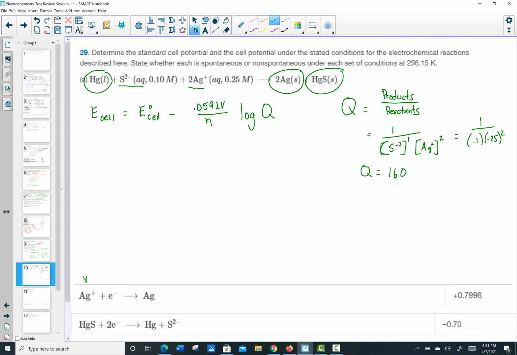These 2 half reactions are provided here to help us figure out the overall equation. Notice that on the left, I have silver ion, and on the right, we have silver solid, and that is positive 0.7796.